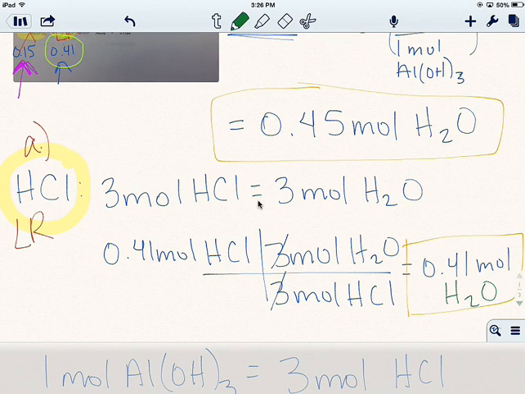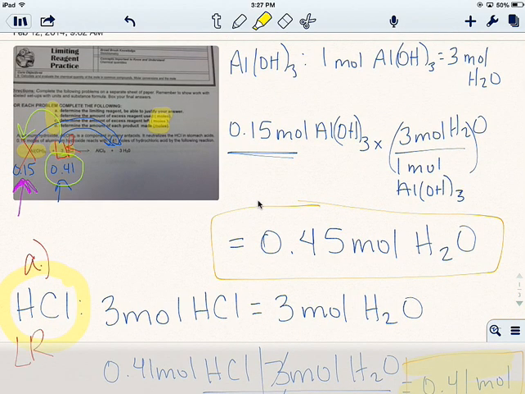You've already determined the amount of one of the products right there. So that's one of the product amounts that you can make. So all you have to do now is figure out how much of the other product you can make. If the limiting reactant determines how much product we can make, we've already figured out how much H2O we can make. Now we just need to know how much aluminum chloride we can make.